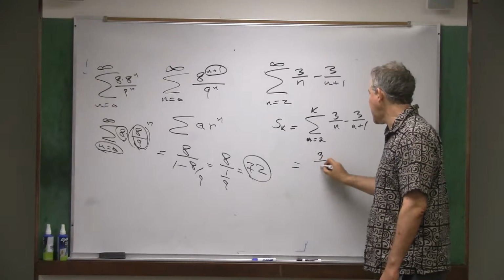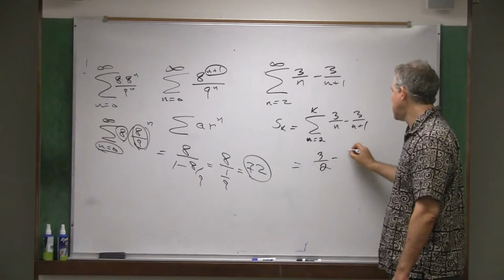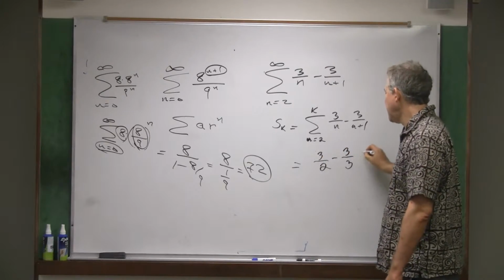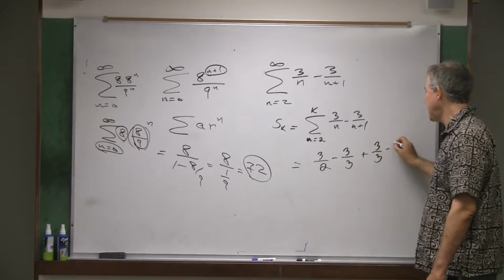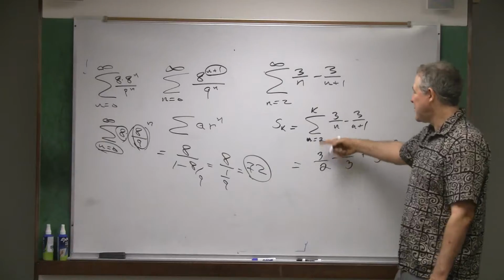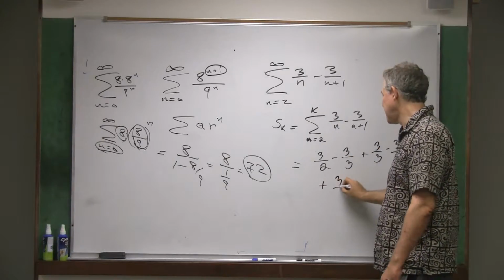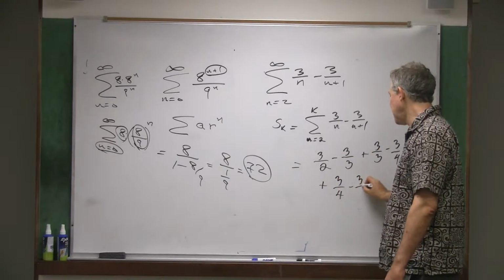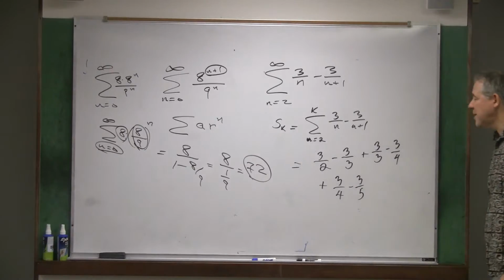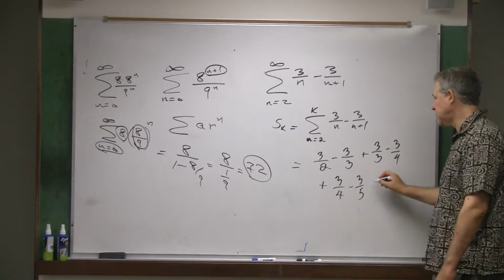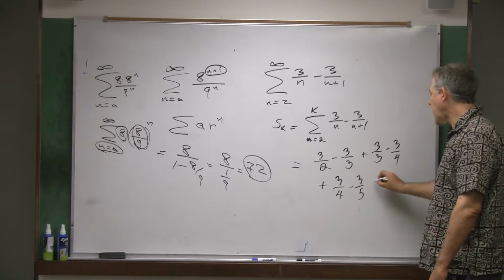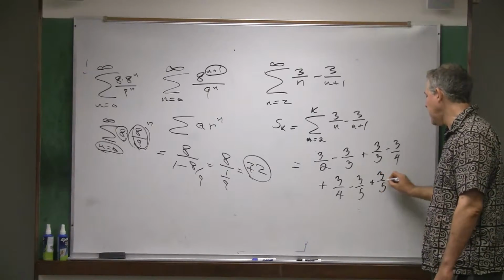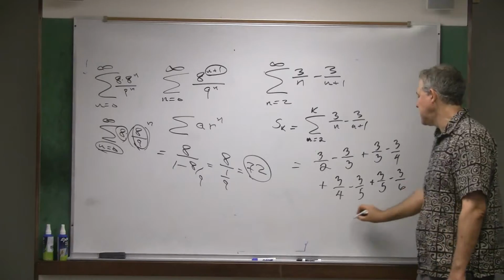So it's 3 halves minus 3 over 3. Now n becomes 3, so it's plus 3 over 3 minus 3 over 4. Now it becomes a 4, so it's plus 3 over 4 minus 3 over 5. Everyone see what's happening? And then etc. Now it becomes 5, so it's plus 3 over 5 minus 3 over 6, and it keeps going.